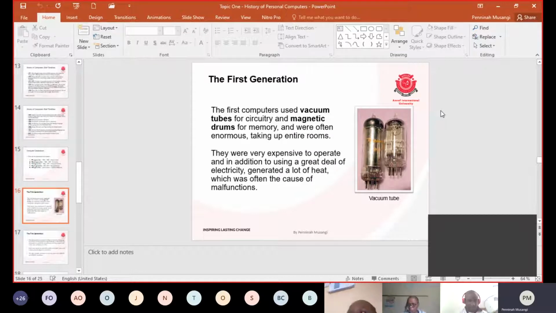And because of that, they generated a lot of heat, and this heat caused malfunctions because of overheating. Most of the time they were malfunctioning because of the overheating, which was caused by the great deal of electricity they were using.